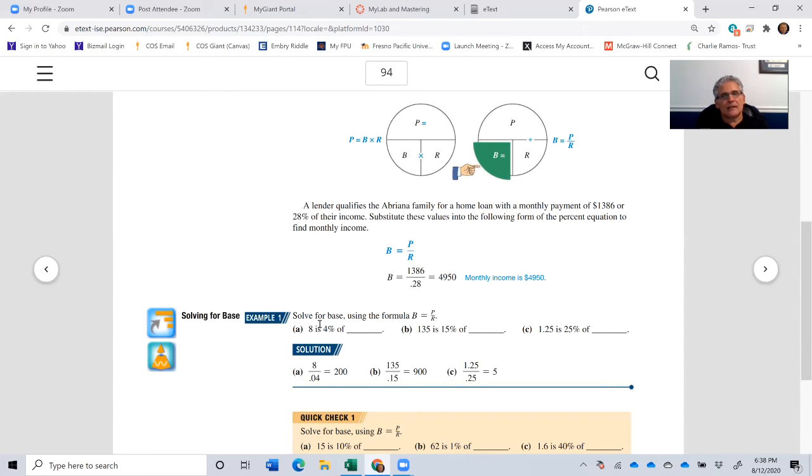What is the base? So 8 is the part, 4% is the rate. So the solution: 8 divided by 4%, or 0.04. If we run those numbers, we'll get the result of 200.